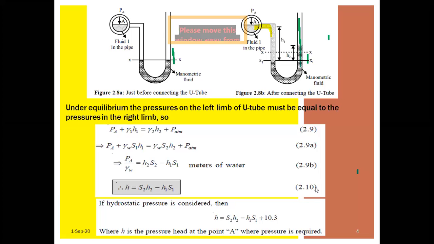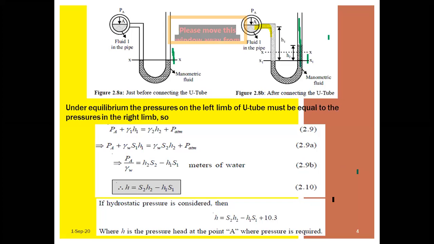This one is a left limb. This one is a right limb. So in the left limb, what is the H1? The height of water up to the datum line in the left limb. That is H1 equals 0.1 meter.